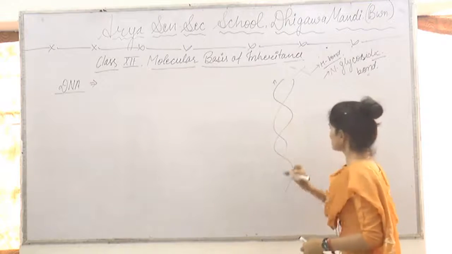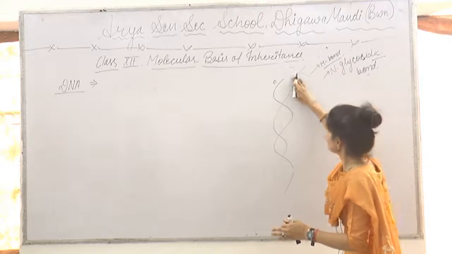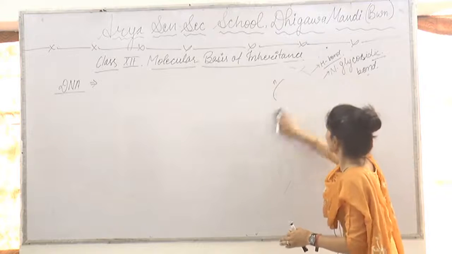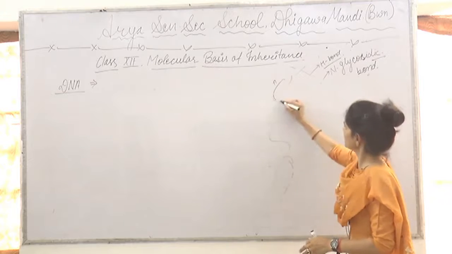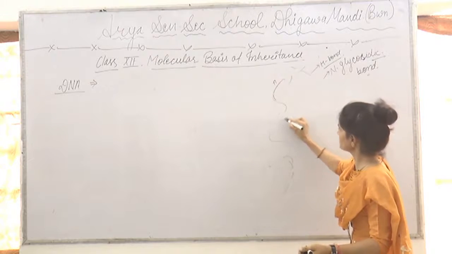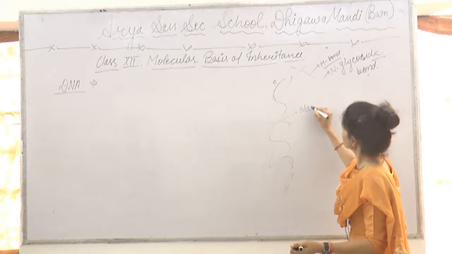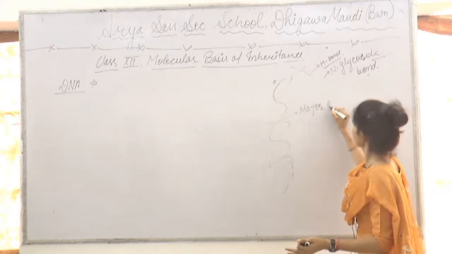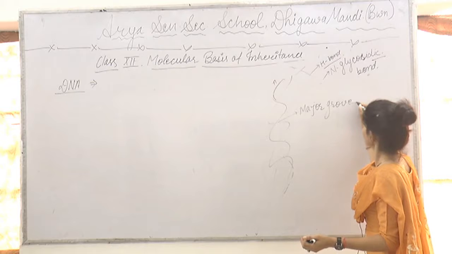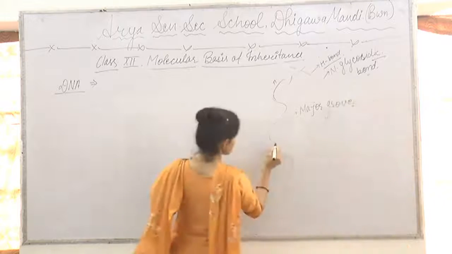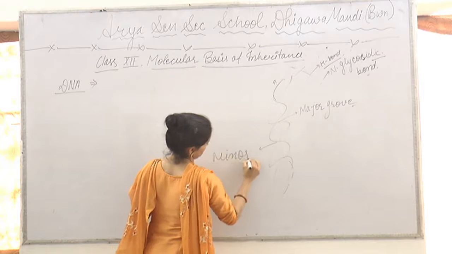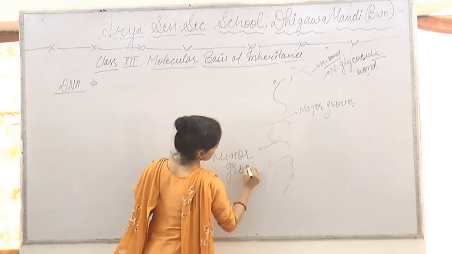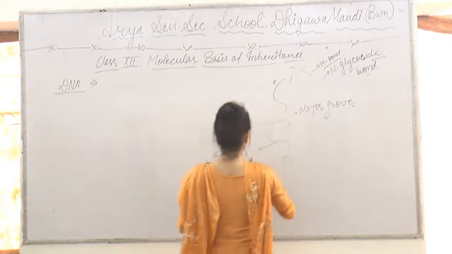When it forms the double helix, then it forms two grooves. One is the major groove and second one is minor groove. For example, this is major groove, and this is the minor groove.